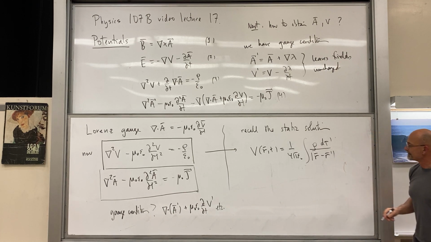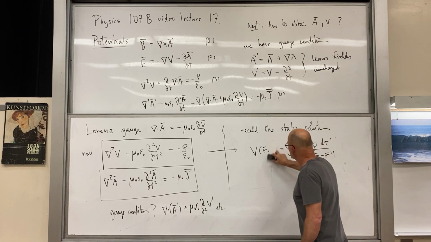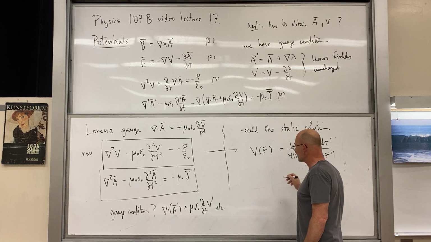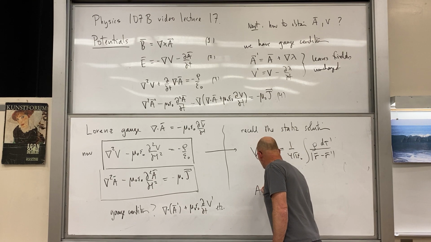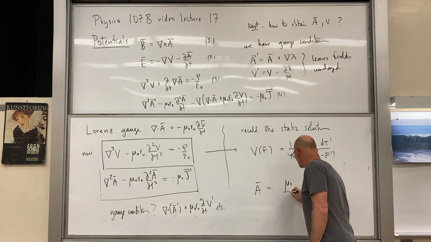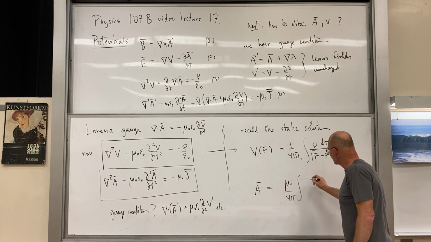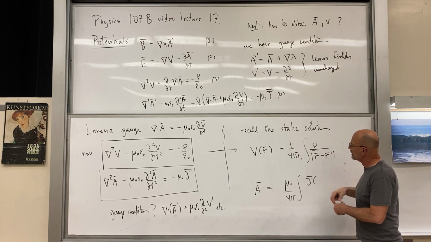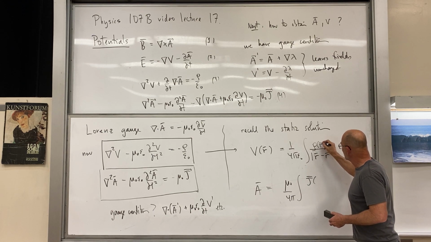So that was the static solution, no T. And the vector potential was the same thing here, different factors, mu naught over 4 pi, and then you had your J, and let's go ahead and write R prime.